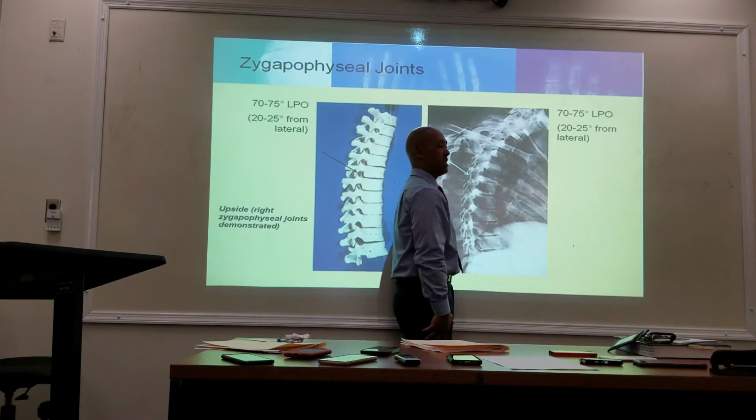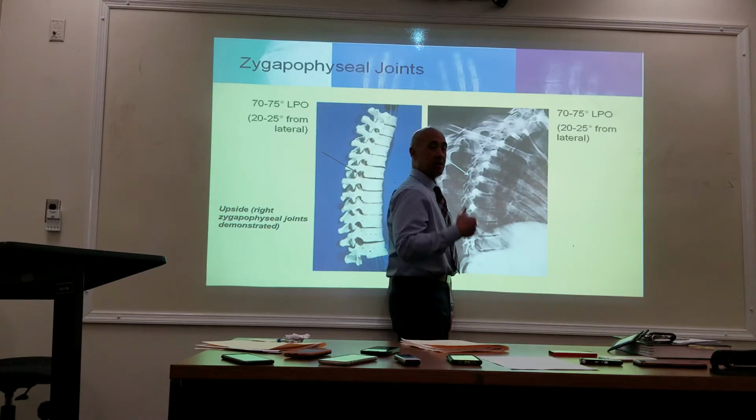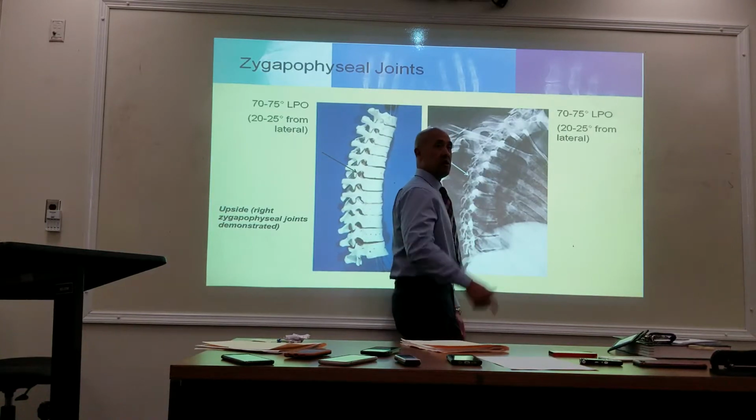If we do it posteriorly like this, we're looking at the zygapophyseal joints furthest away from the image receptor. If you do it anteriorly, now you're looking at the zygapophyseal joints that are closest to the image receptor.